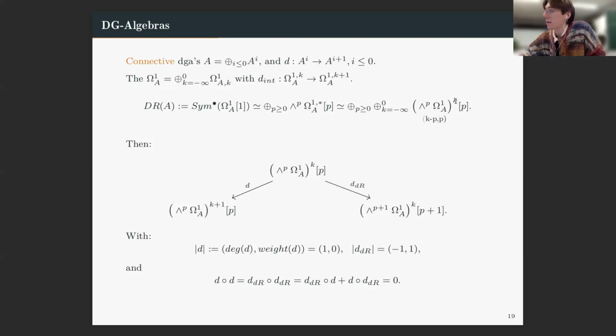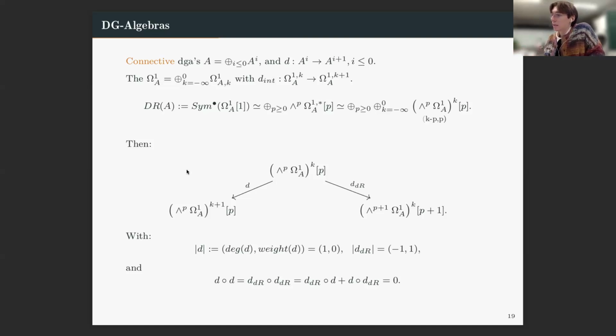Keep in mind that k is negative for us. And you shift it by p, and then it's in weight p. So it's just a p form. So in this language, people would say you have a cohomological degree k differential p form.